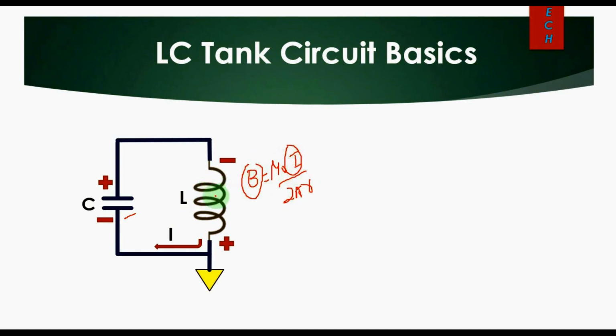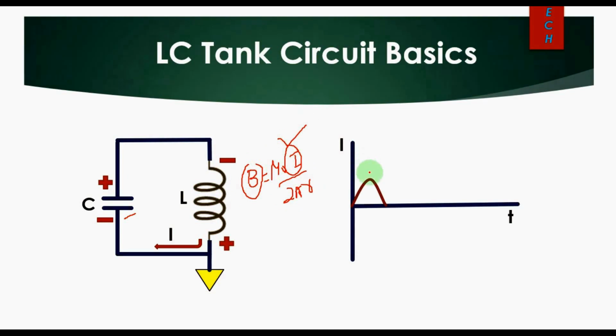Since the magnetic field is collapsing now, this current will also decrease. You can see in the plot here, since the magnetic field is collapsing, the current is also decreasing, and at some point of time the current across this inductor is 0. So this inductor completely releases its energy.